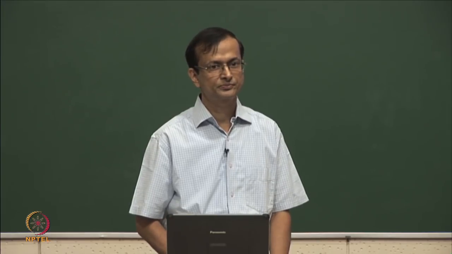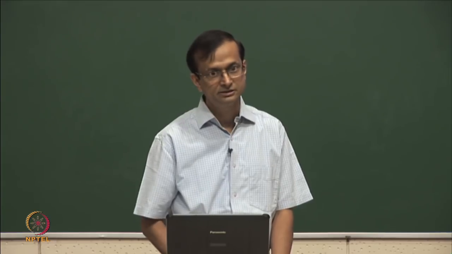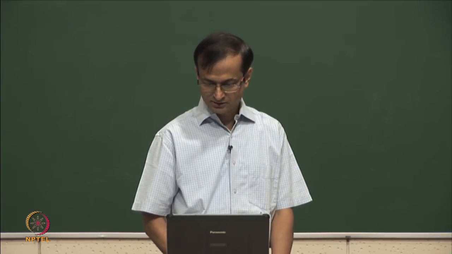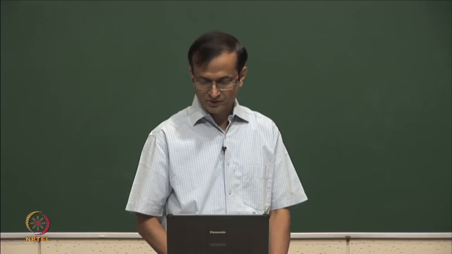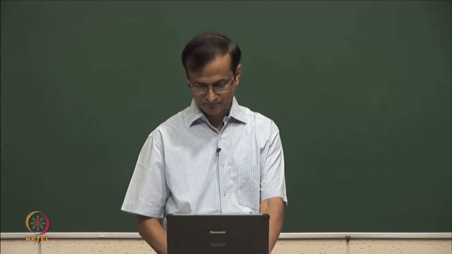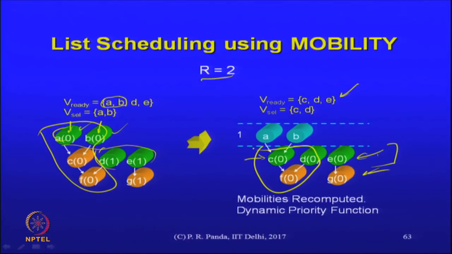What is your critical path? We had C, D, E originally in the critical path. Okay, C, F were there in the critical path. You are saying that we should not change the priorities.